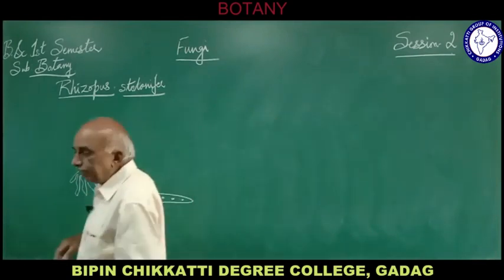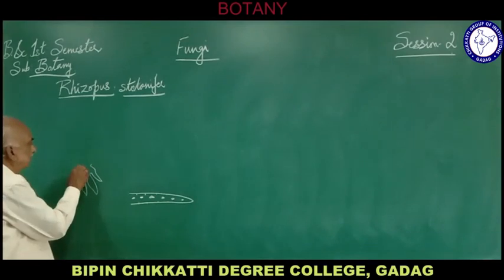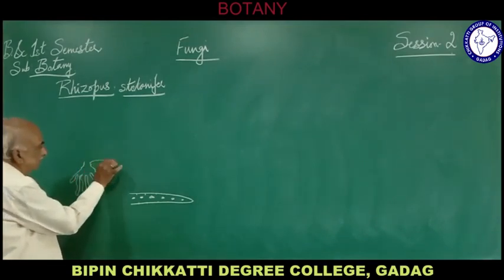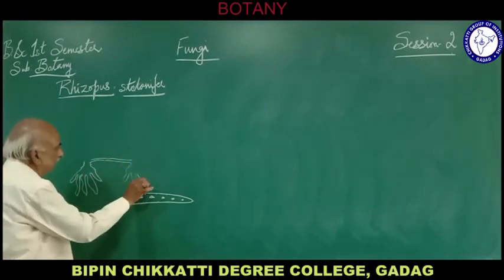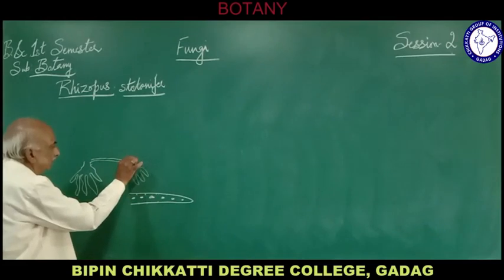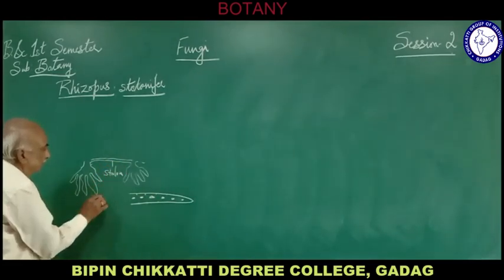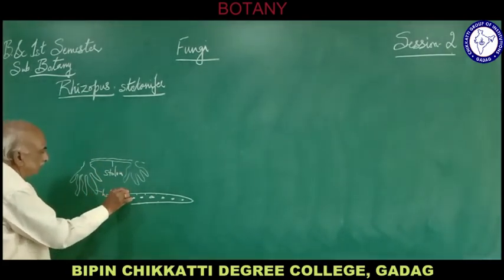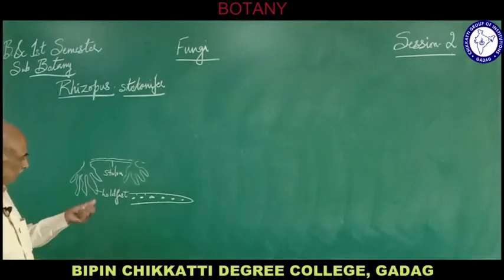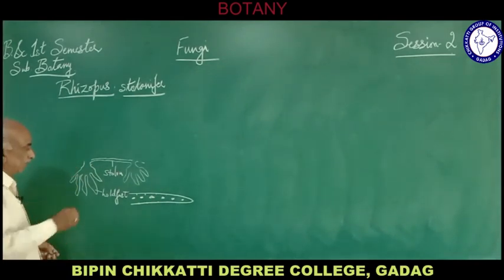This holdfast branches to give rise to another type of hypha, which is called the stolon. This is the holdfast, by which the hyphae has attachment to the substratum.